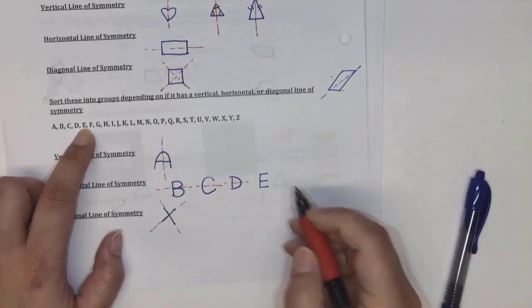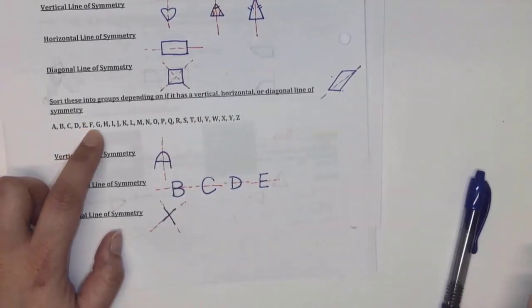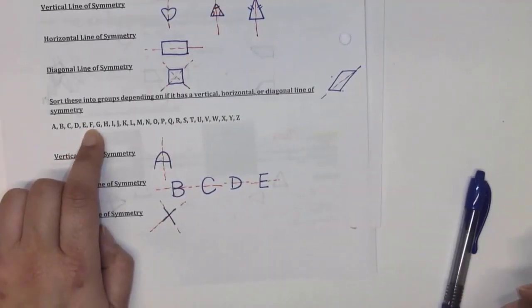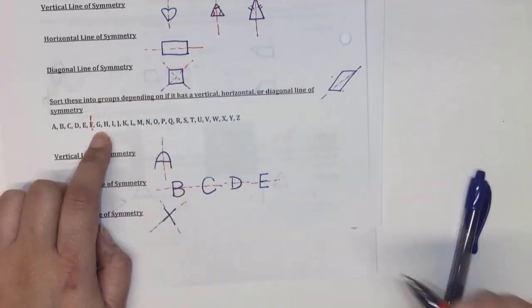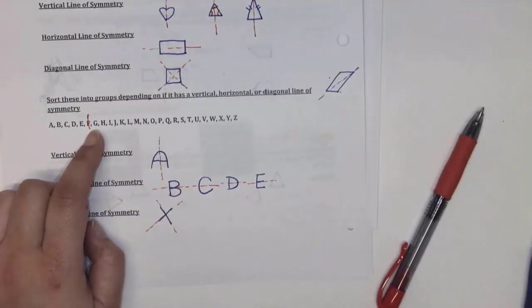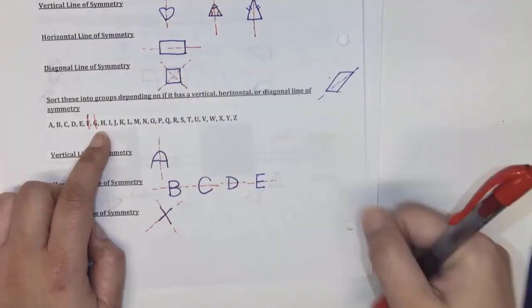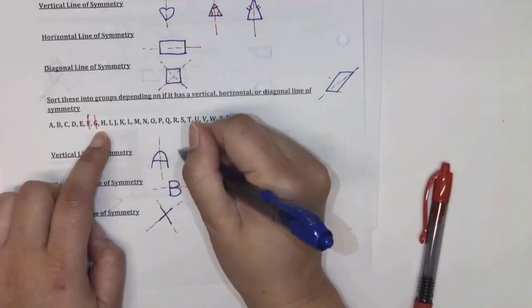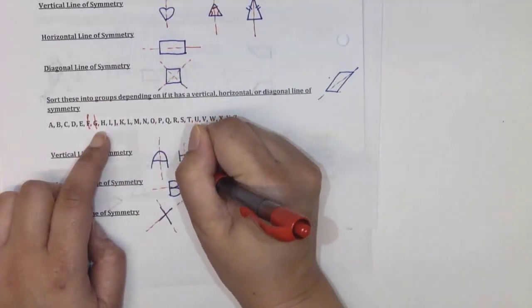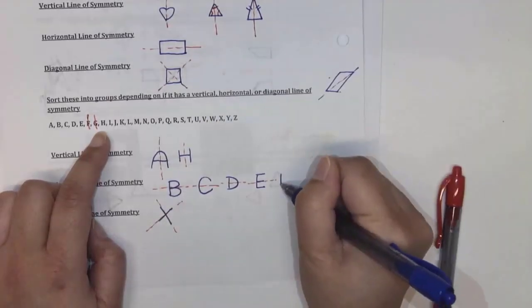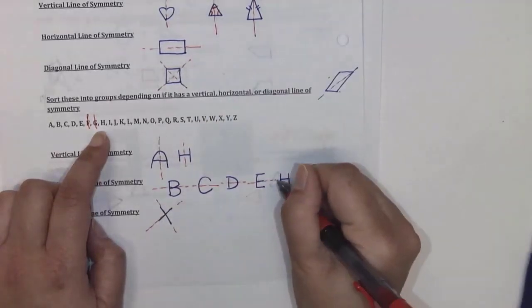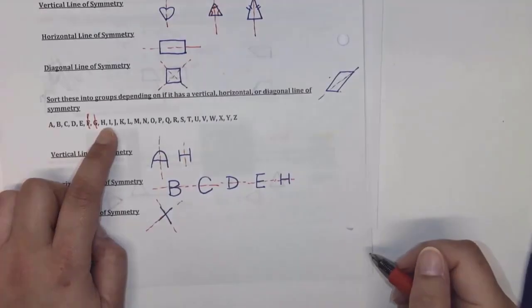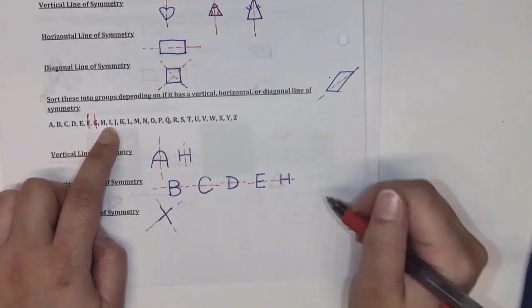Again, you have to draw it the way that they will flow and match, right? F? Nothing? Okay. F is gone. How about G? Nothing. H? Vertical, okay? It can be horizontal also. And I? Can it be horizontal?